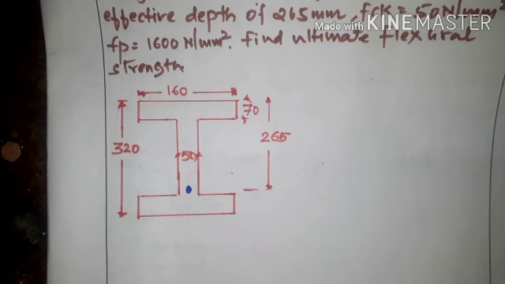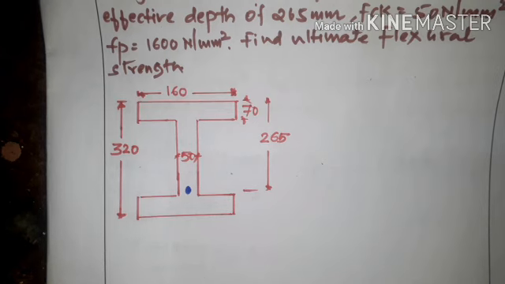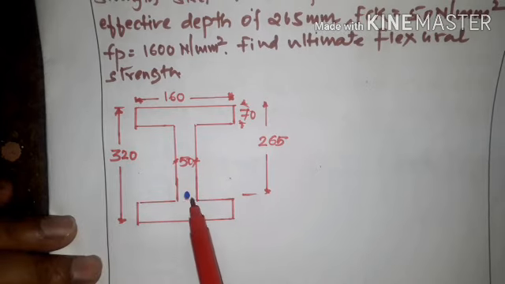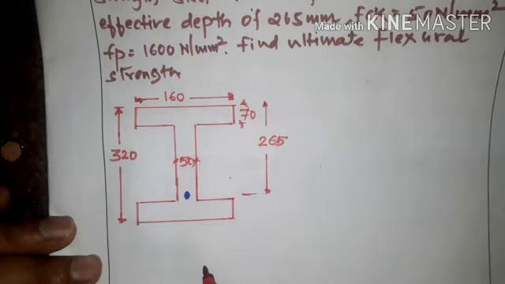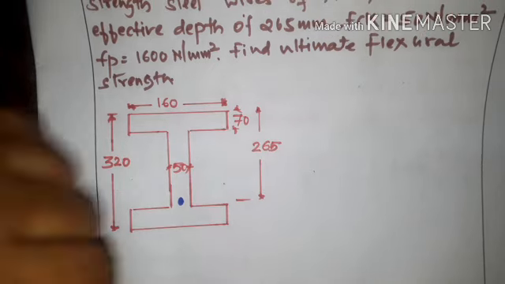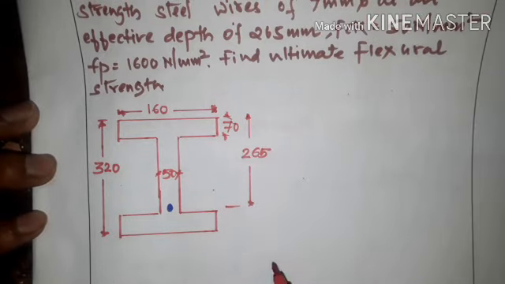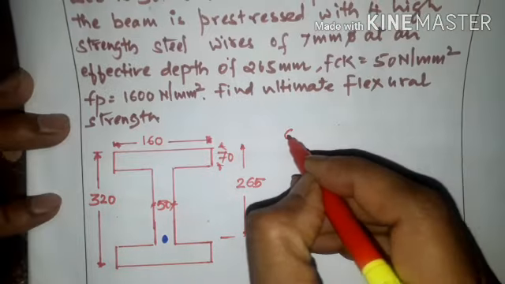Also it is given that the centroid of the cable is located at 265 mm from top of the section. After this we'll note down the given data first.